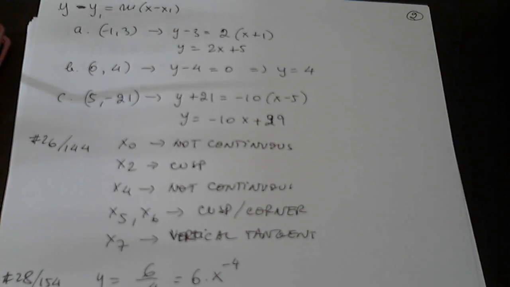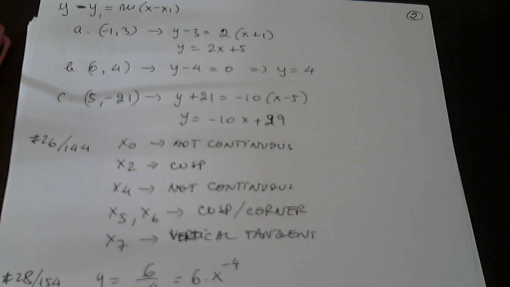Okay, so not continuous, corner or cusp, corner or cusp, corner or cusp, vertical tangent, and not continuous. Where I can draw one tangent, it's differentiable. It has to be continuous. So if I see two tangents, it's just not differentiable.